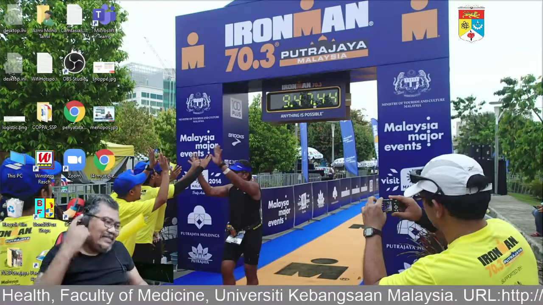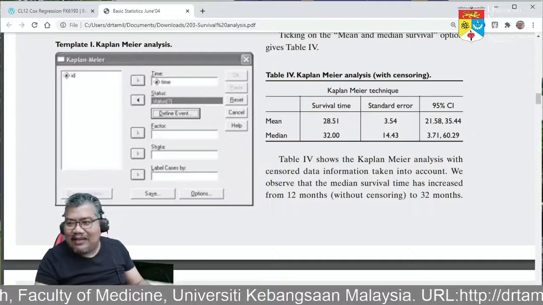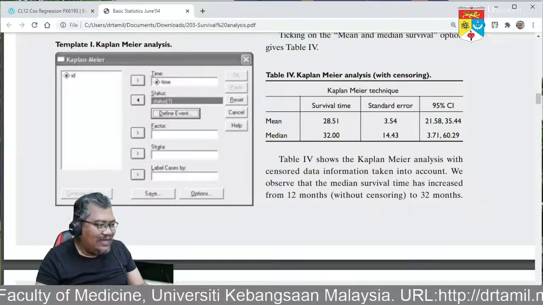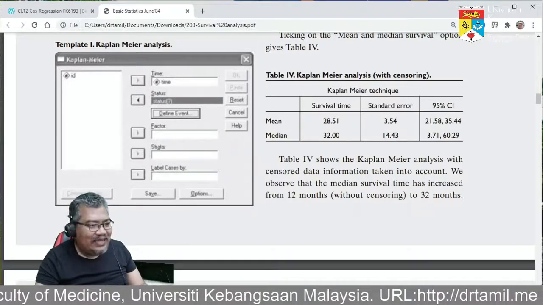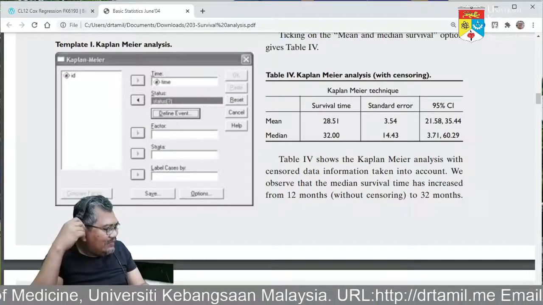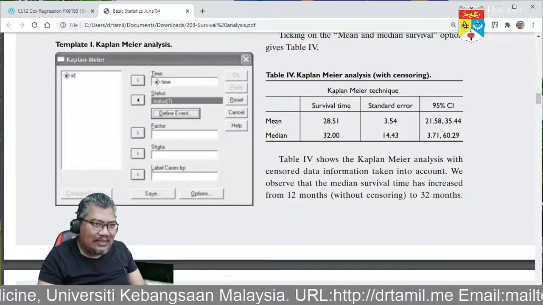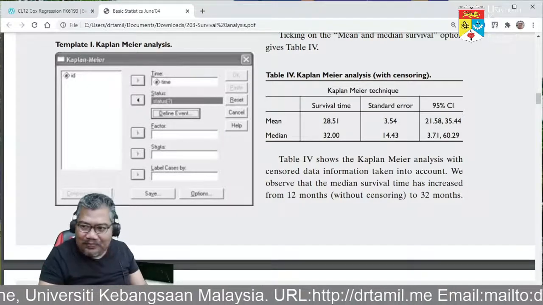That's why I'm using a headset, because I need to avoid feedback. I hate using a headset because my ear cannot stand it. But this one is a bit expensive, it cost me about 230 ringgit, I think.